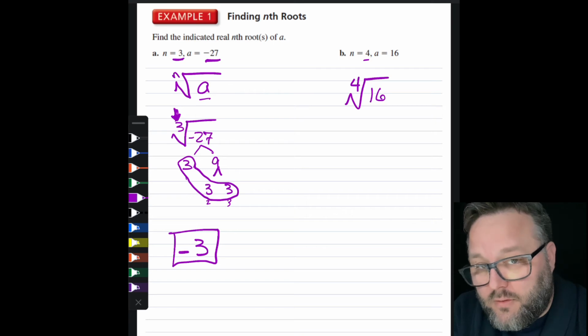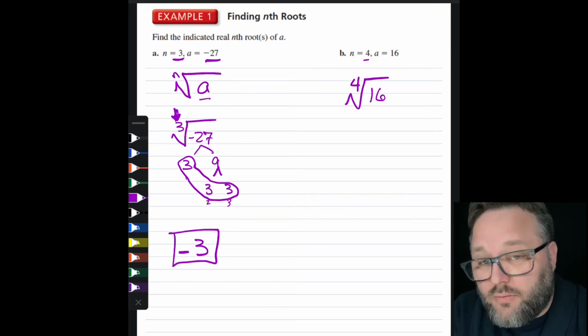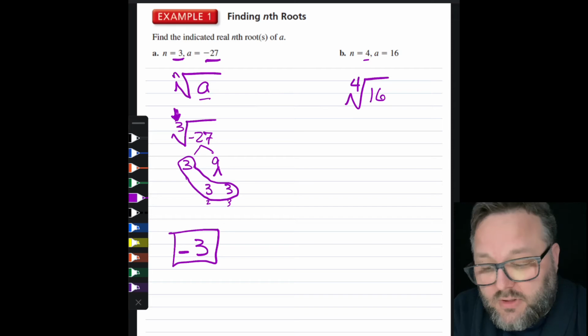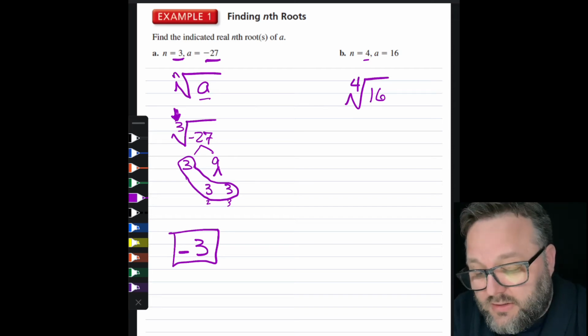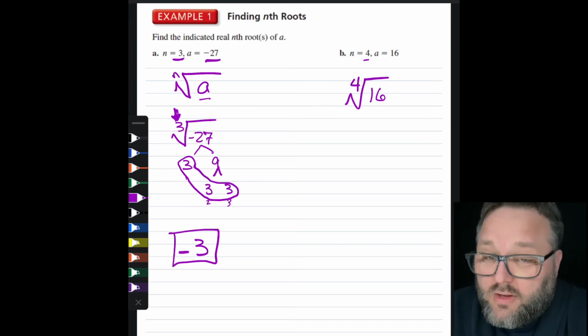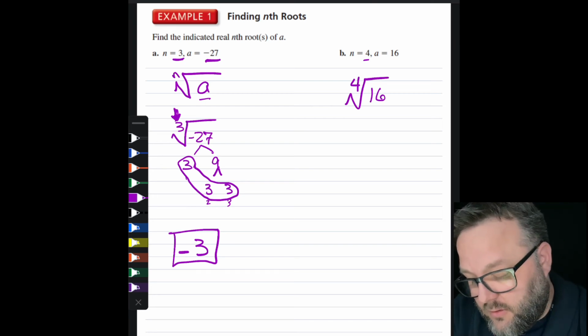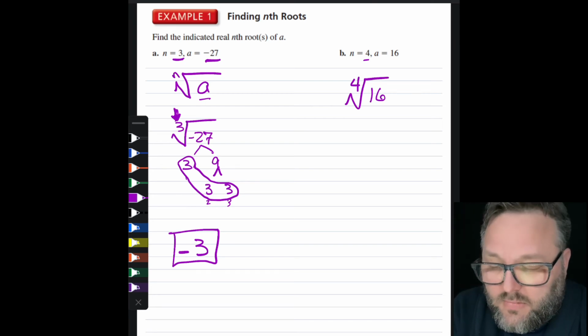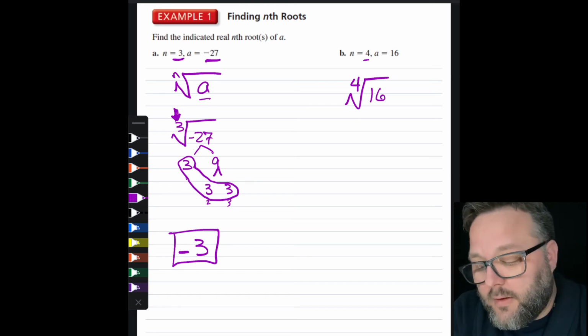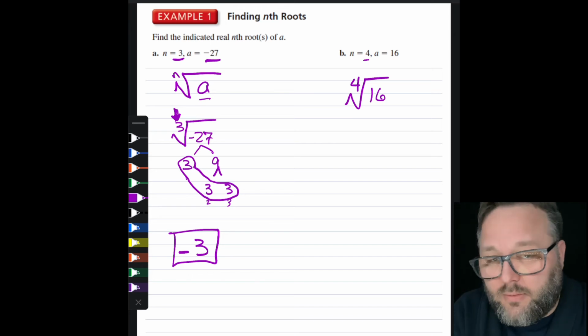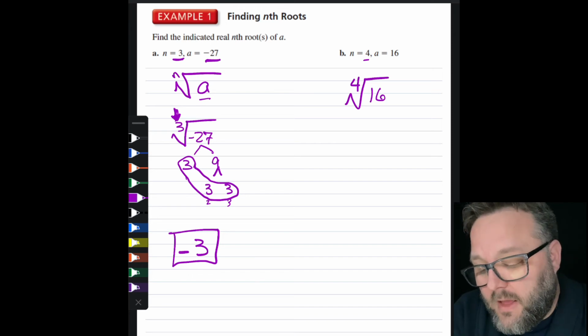I said the 4th and I wrote the number 4. Then I said root, and I drew the radical sign, or we call that the root. Fourth root is how we would read these two together. Normally how I write them is just like that. I find it harder to actually write the radical sign than the root, okay? So I write them the other way. I write the root and then the radical.